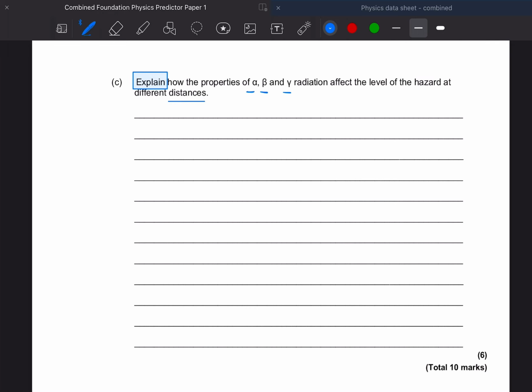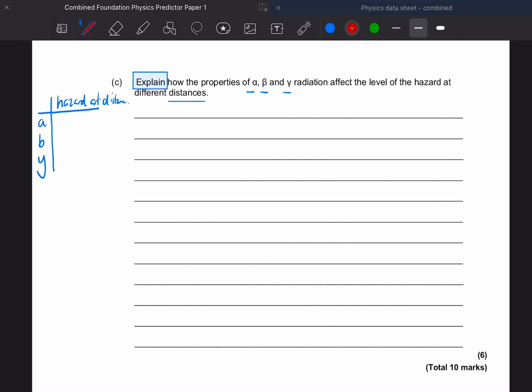So we've got to talk about the distances of alpha, beta, and gamma. So we're going to mention each one, and we have to talk about the hazard at a distance. And we're just using this to check off, and we can say when we've done it.